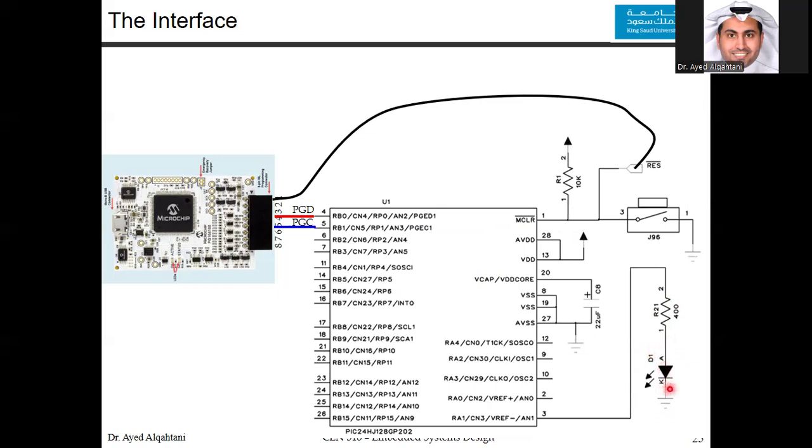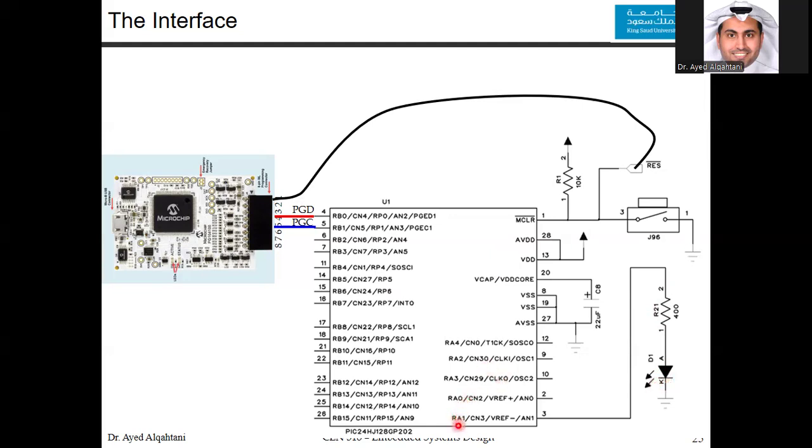So that's the only additional connection so far above the minimum connections that we talked about. So once you have the minimum connections, you connect only RA1 for the LED.